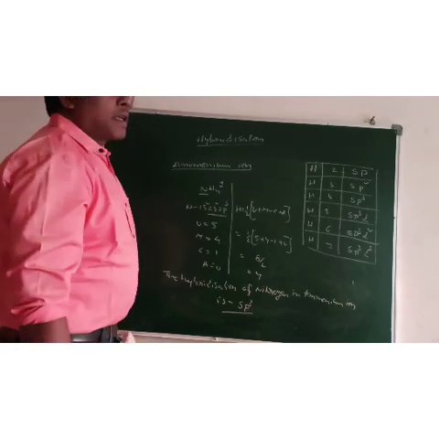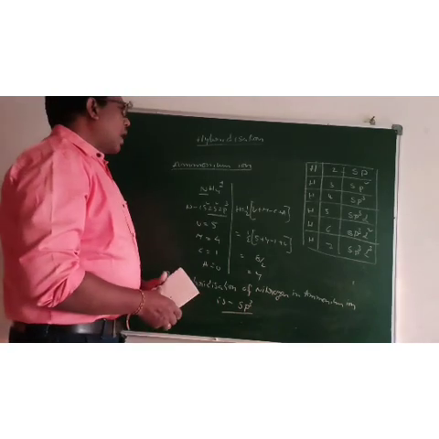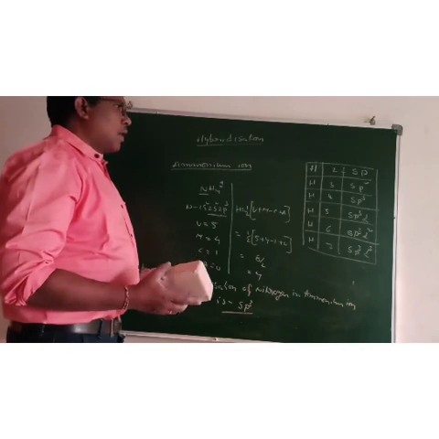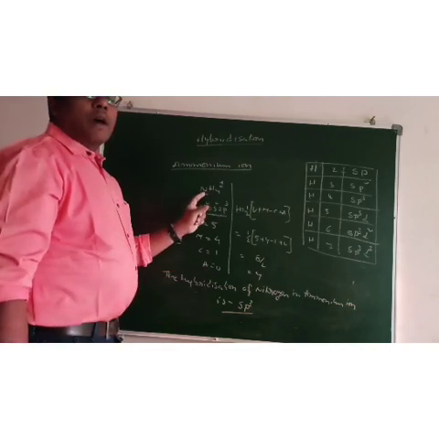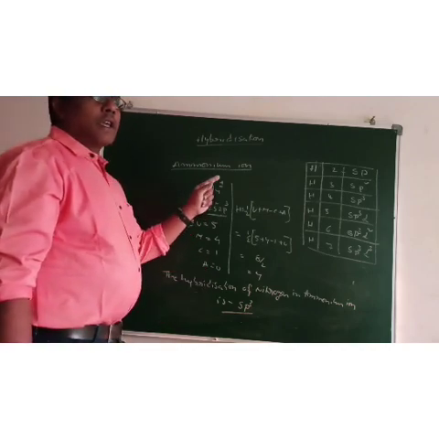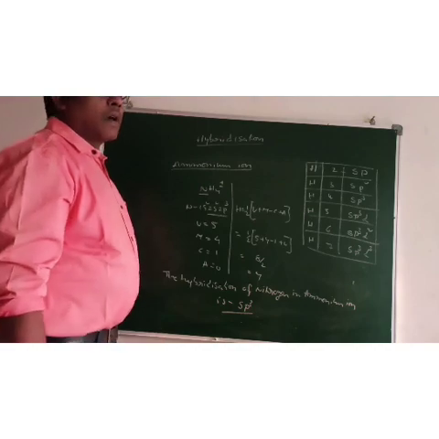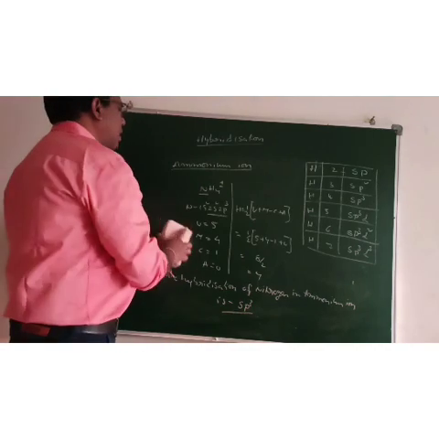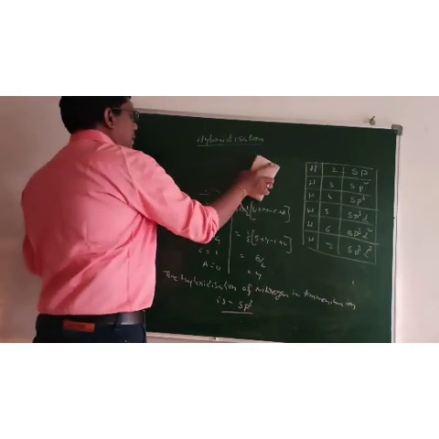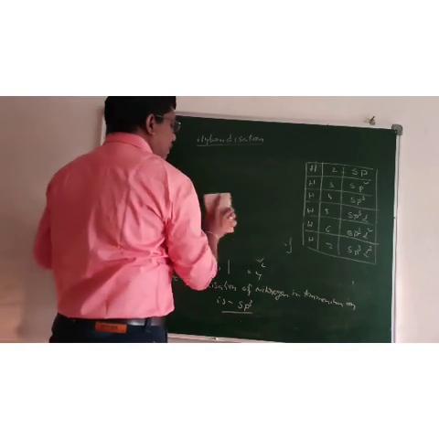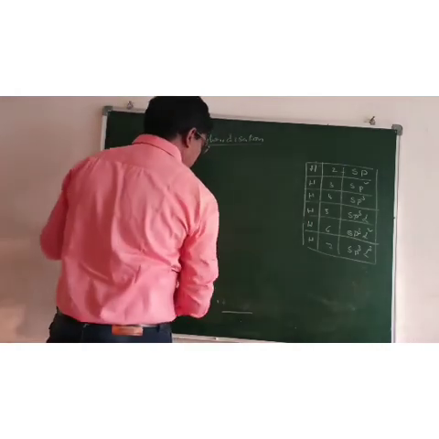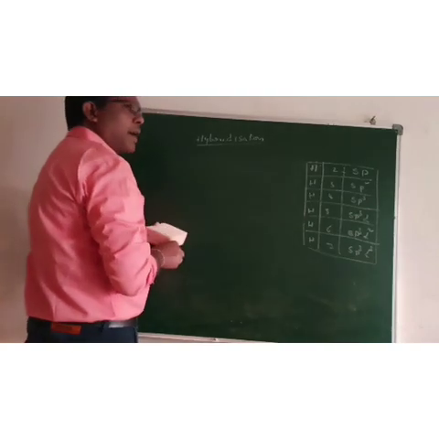So we take another cation, the hydronium ion, and now I explain how to find the hybridization in cations with another example. That is the hydronium ion.